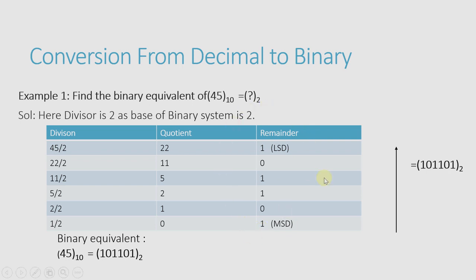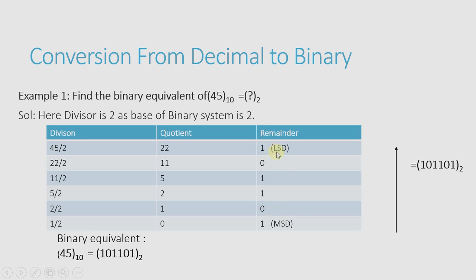In this case we get the same value from LSD to MSD and from MSD to LSD. But one thing you have to remember: when you convert the integer part, you have to write the remainders from the downward to the upward direction, that is from MSD to LSD.